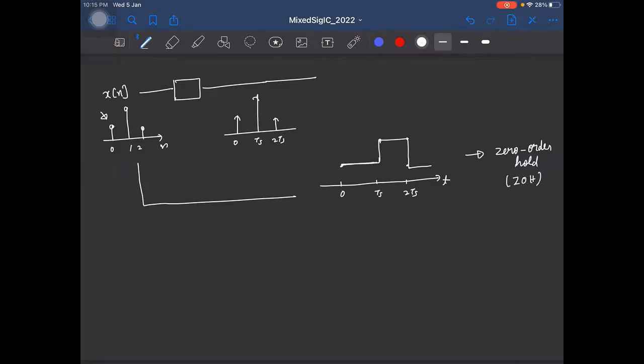Okay. Well, this is called zero order hold because if you look at it, to fill the in-between values, we are just holding the existing value, right? Whatever value we had at the sampling instant. We are not using any past values of the input to reconstruct, right?